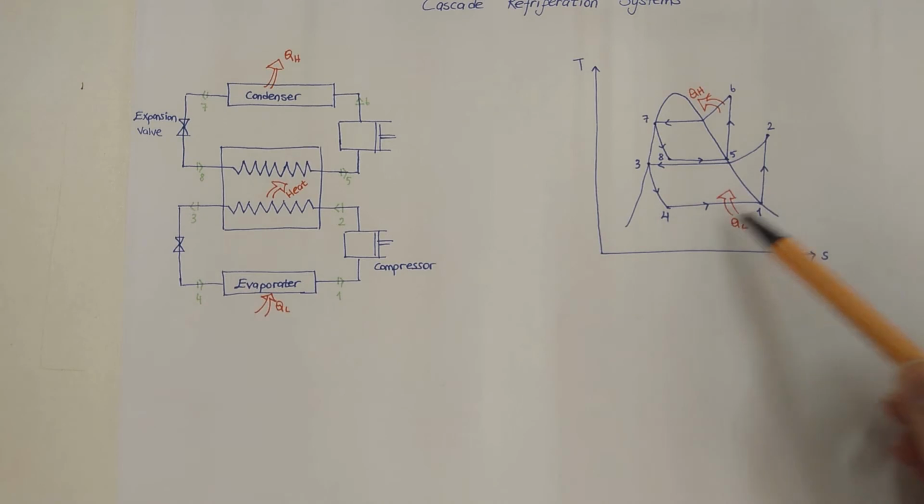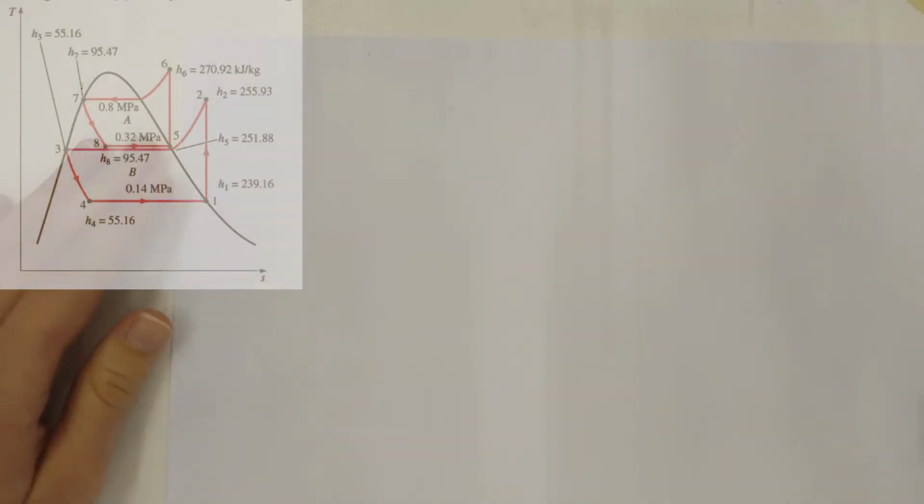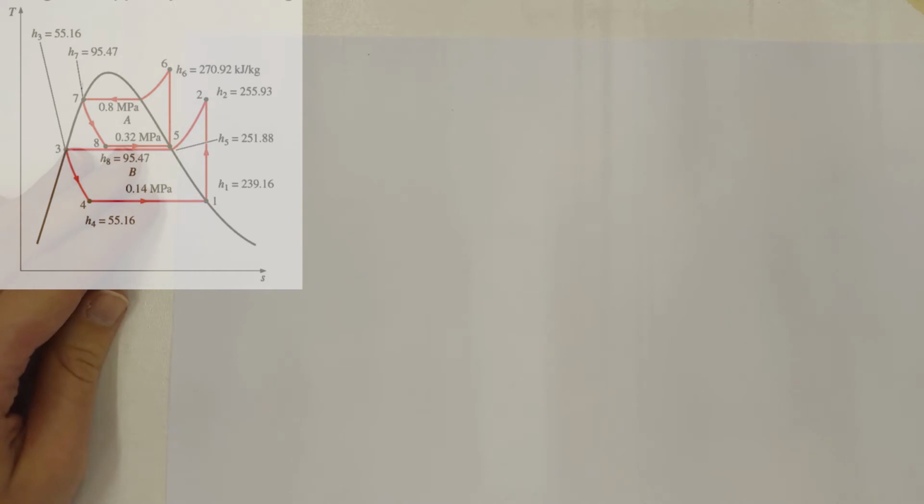This is our lower cycle. We assume that this is steady operation, and we neglect changes in kinetic energy and potential energy, and we know that the heat exchanger is adiabatic.